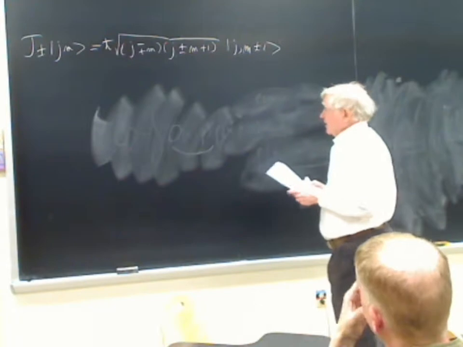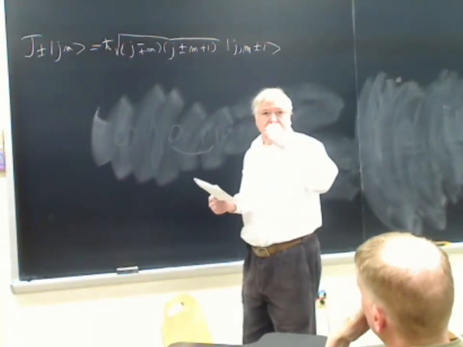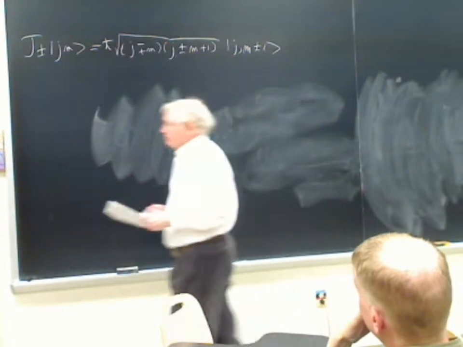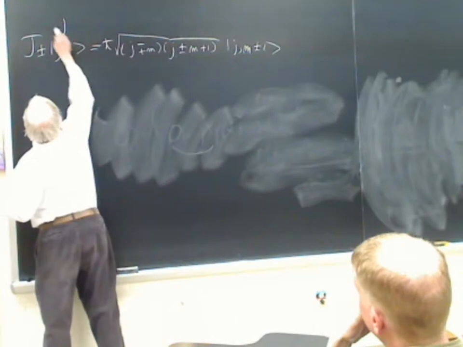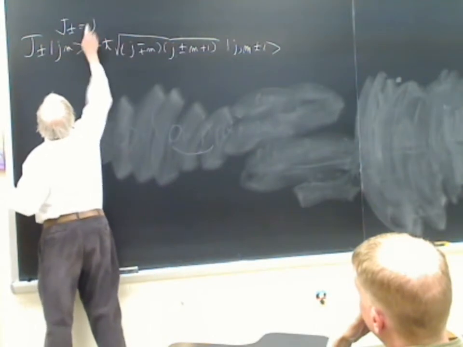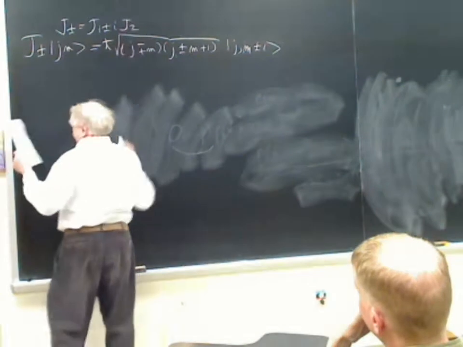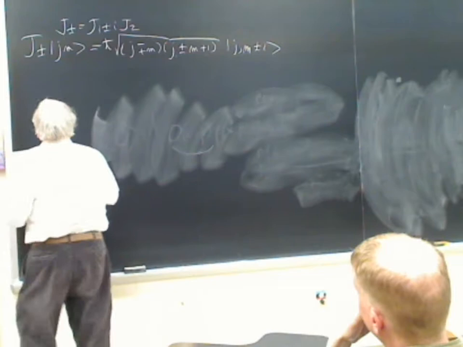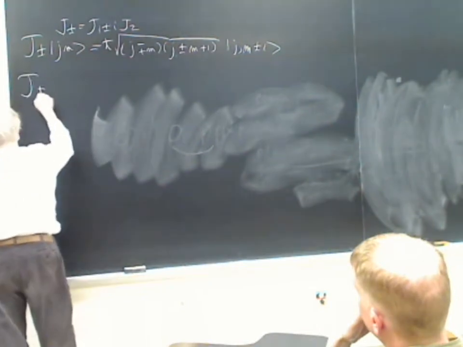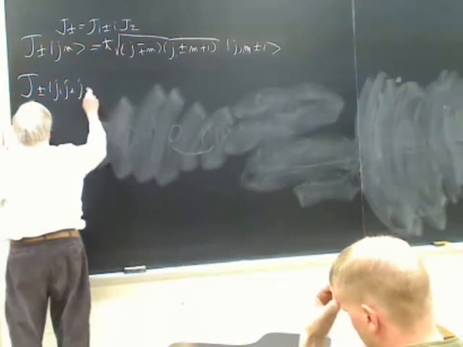So what we're going to do then, and of course, as you know, J plus or minus is J1 plus or minus plus J2 plus or minus. Okay. All right. So now we start out with J plus or minus on |J1, J2, J, M>.